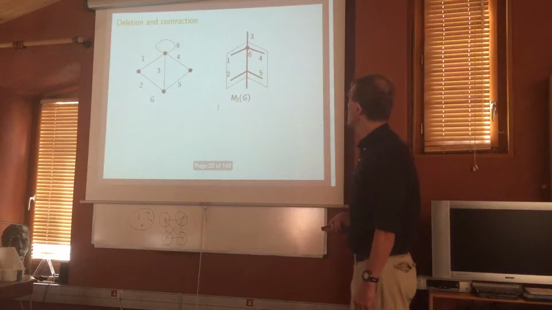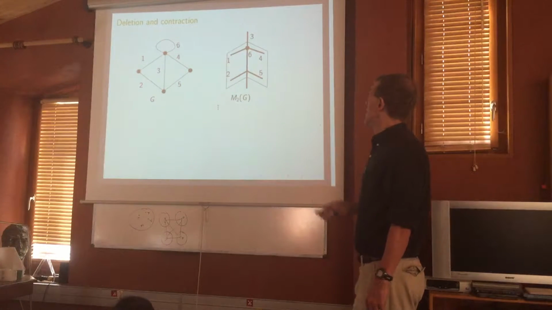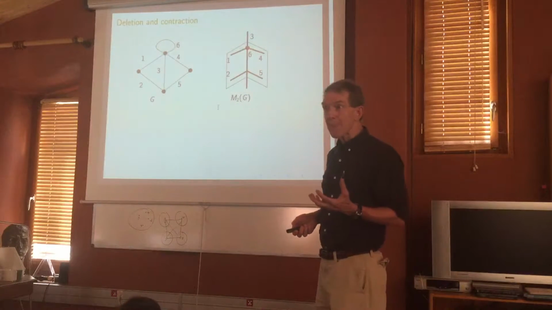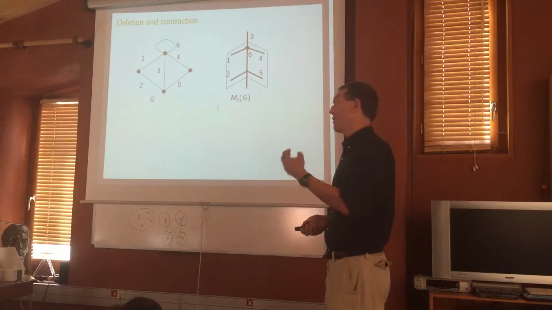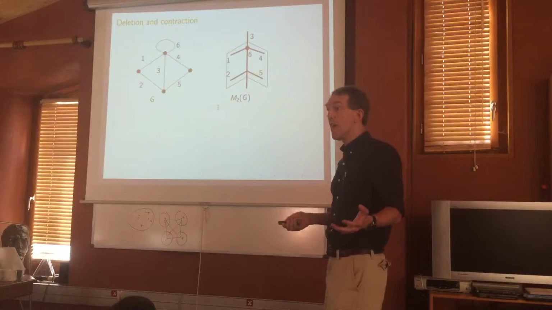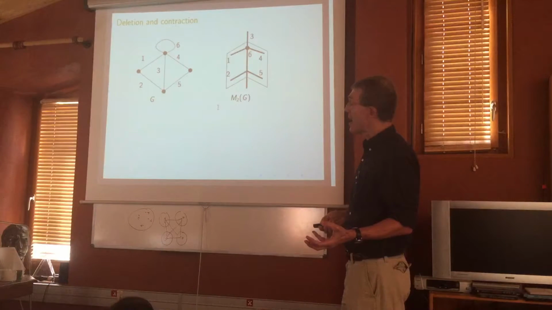Okay, so let's look at this example. Now it's sort of obvious. Here's a geometric picture. It's obvious what would happen if you deleted something. Delete a point or delete a line, and they're gone. So I'm not going to show you that, but I am going to show you what happens when I contract the edge 3.